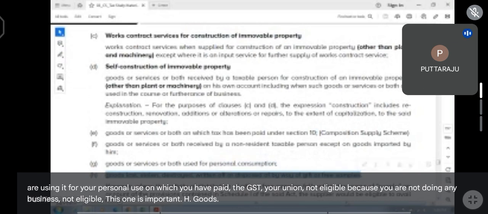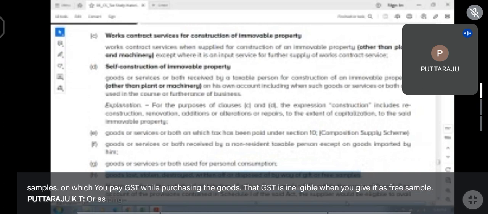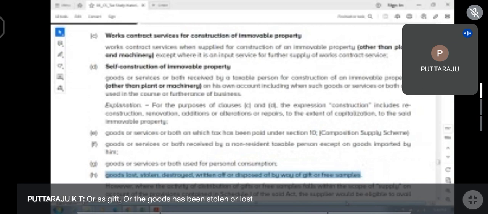Goods lost, stolen, destroyed, written off or disposed of by way of gift or free samples, on which you paid GST while purchasing the goods. That GST is ineligible when you give it as a free sample or as a gift, or the goods have been stolen or lost, or destroyed by fire.